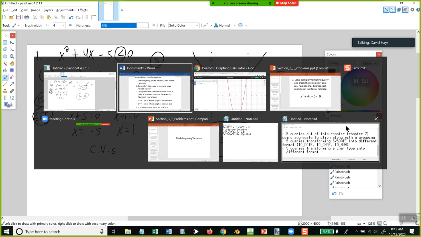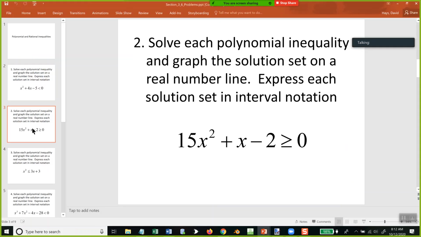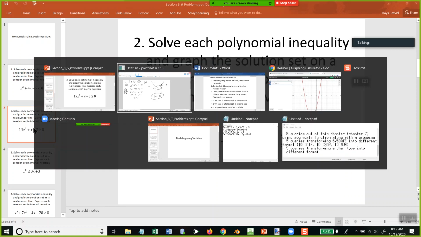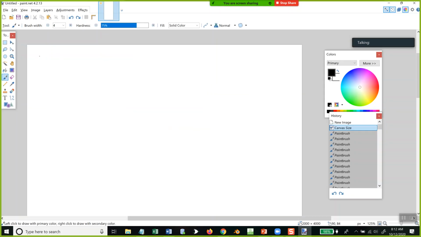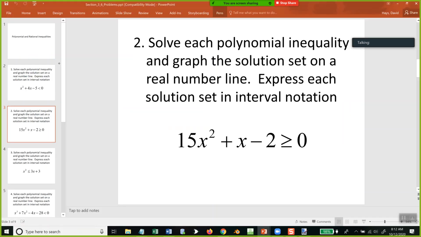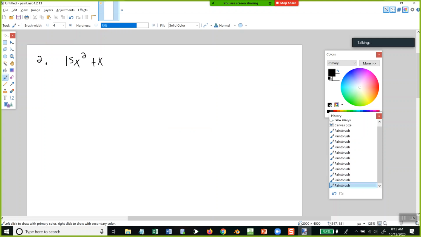Okay, let's take a look at number 2. 15x squared plus x minus 2 is greater than or equal to 0.